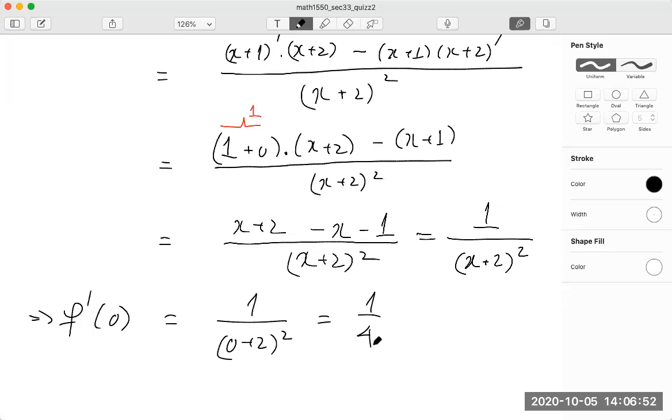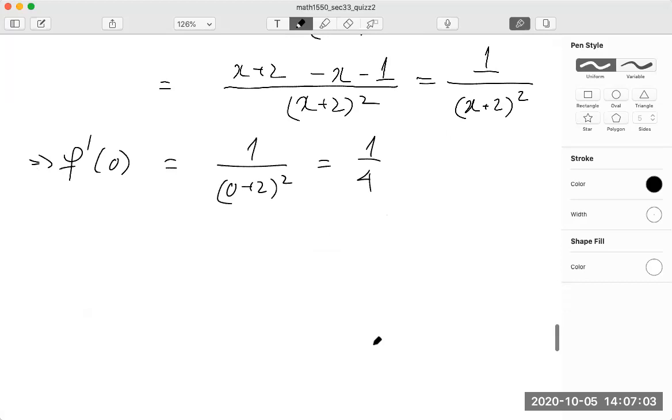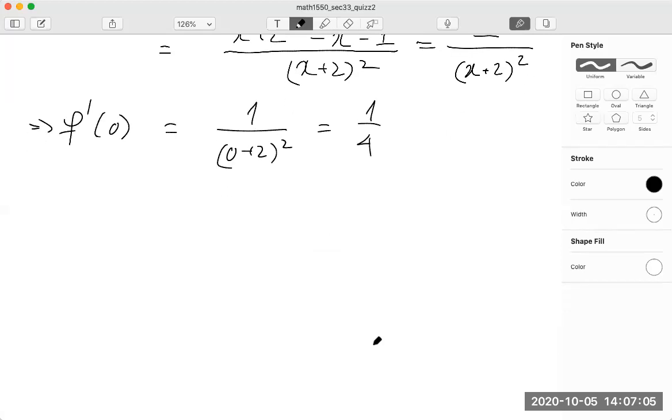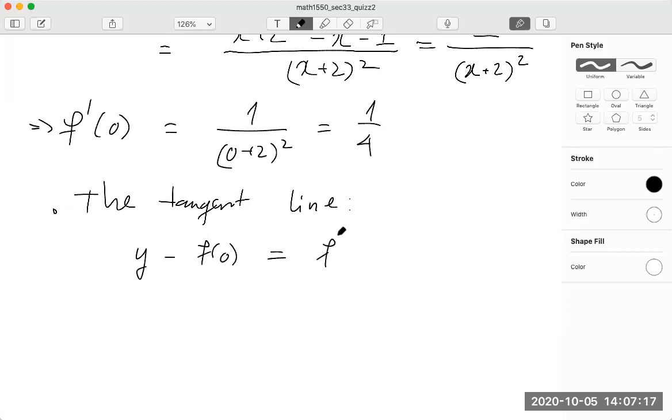Let me see. Okay, now let me rewrite the formula of the tangent line. We know that it will be y minus f at 0 equal to f prime at 0 times x minus 0 here.